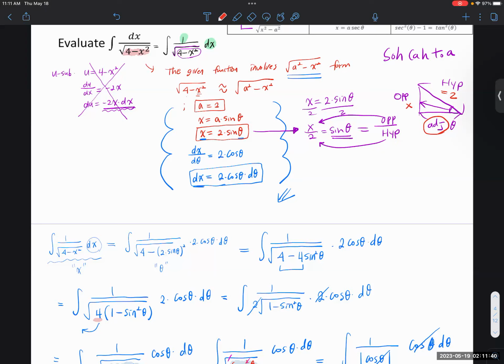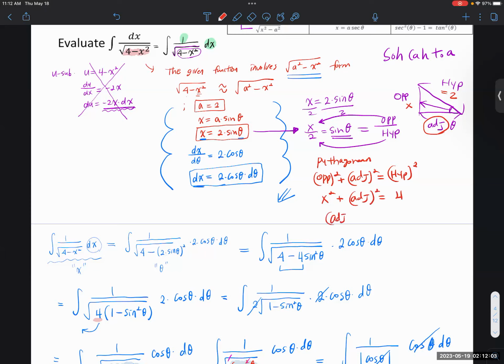So the adjacent, according to the Pythagorean theorem, a little bit of background: opposite squared plus adjacent squared equals hypotenuse squared, right? So you say opposite is x squared, we don't know adjacent, and then 2 squared is 4.